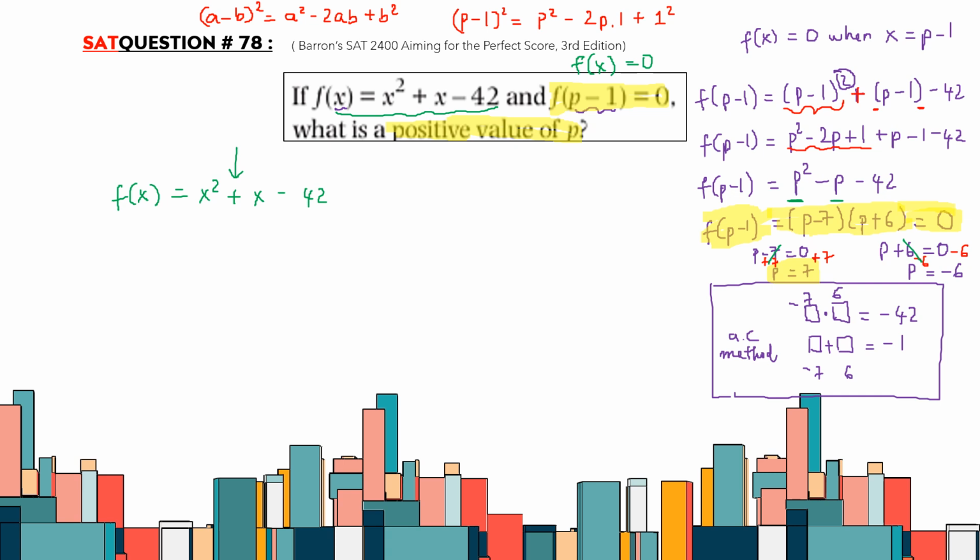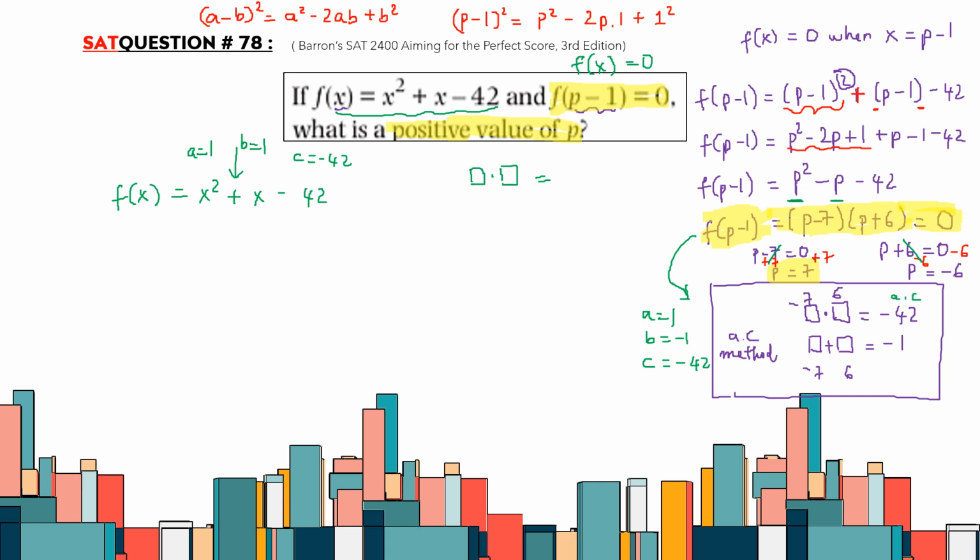So how does it work? If we use the AC method here, we will have a similar setup, but it's not the same. We have A is 1, B is 1, and C is negative 42. In the previous case, we had A is 1, B is negative 1, and C equals negative 42.